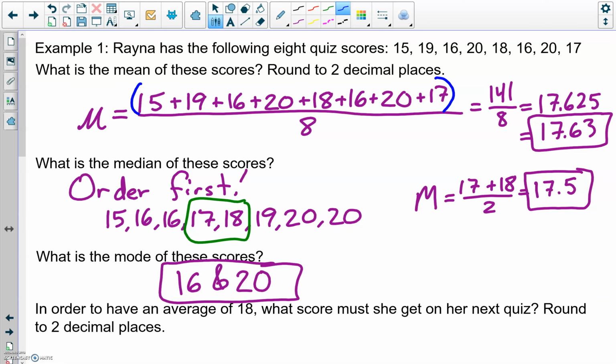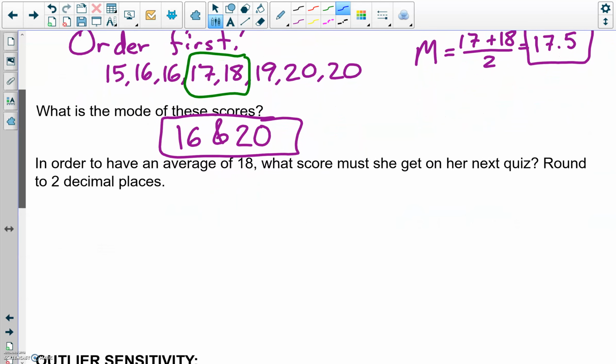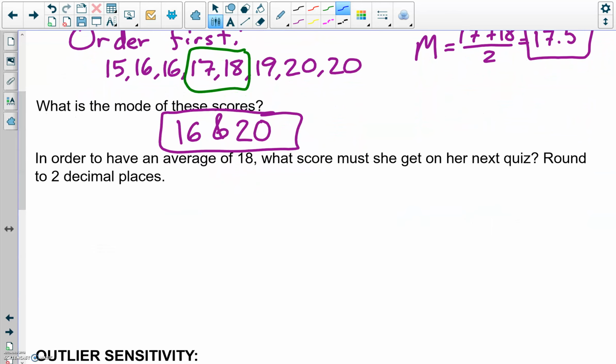You have to make sure to put the numerator in parentheses so it knows to add those together first, get that 141, and then divide by 8 after that. It's really important to put those parentheses on if you're typing that all in at once.